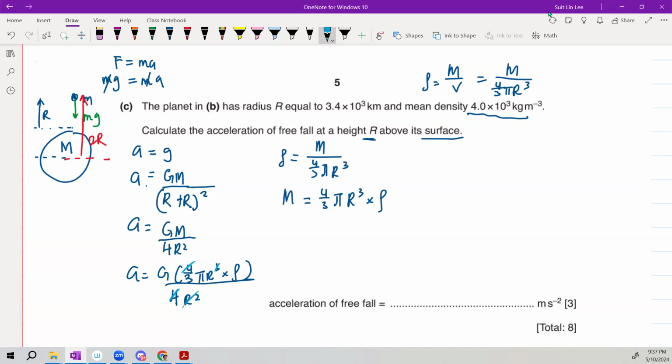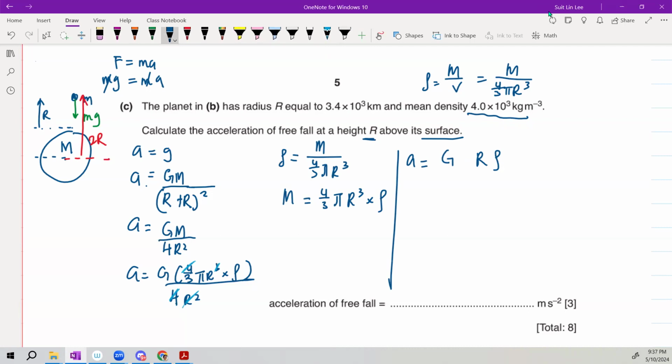So I'll cancel everything, and eventually I'll have a is equal to G pi R rho over 3, because there's 1/3 there.